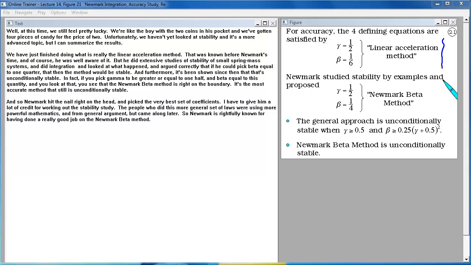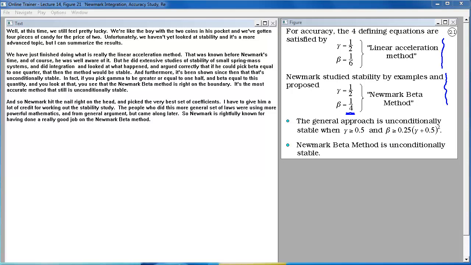But he did extensive studies of stability of small spring mass systems, and did integration and looked at what happened, and argued correctly that if he could pick beta equal to 1/4, then the method would be stable. And furthermore, it's been shown since then that that's unconditionally stable.